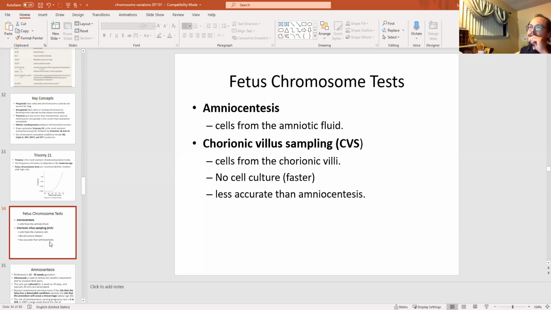This one detects the cells from the chorionic villi. We talked about the chorionic villi when we talked about pregnancy, so that's also a good one. However, there are two types. Which one is better? There are pros and cons for each.